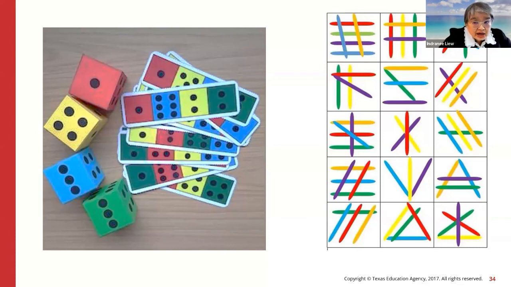For children who need more support, you resize this so that you can cut out each picture and it's big enough for the ice cream stick to go on top of it. So they have the guide. Okay.